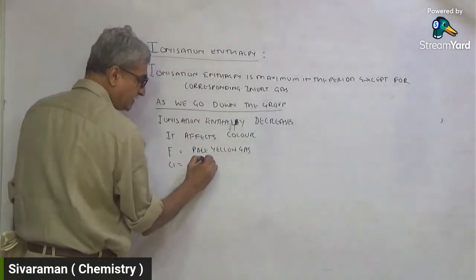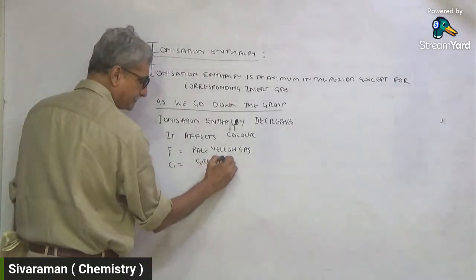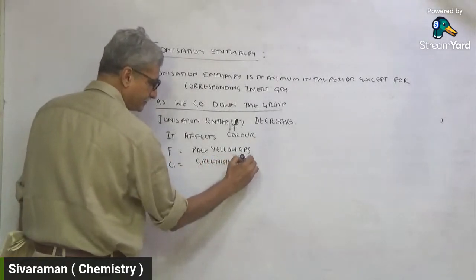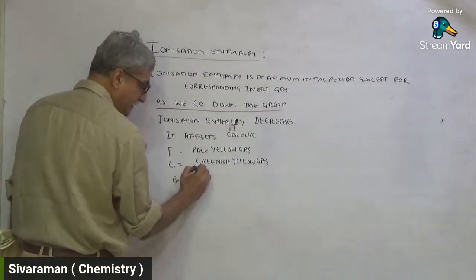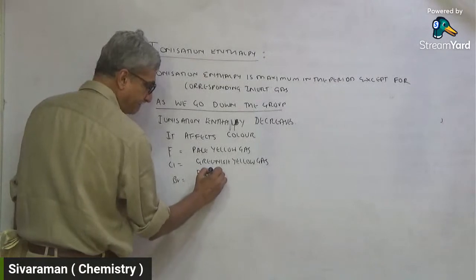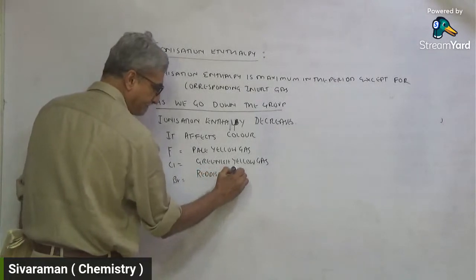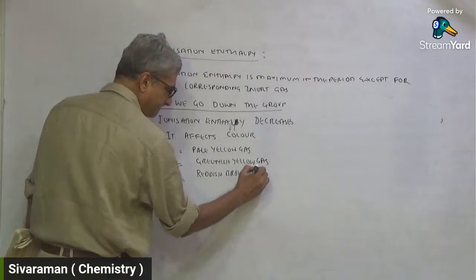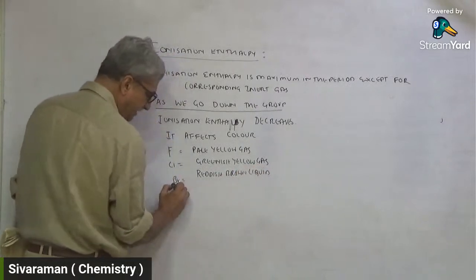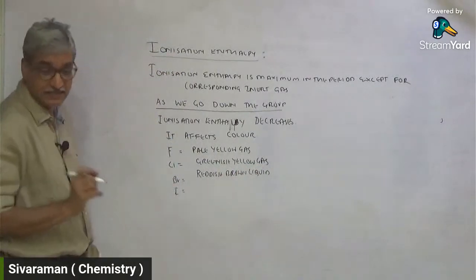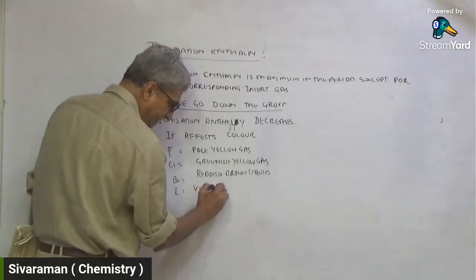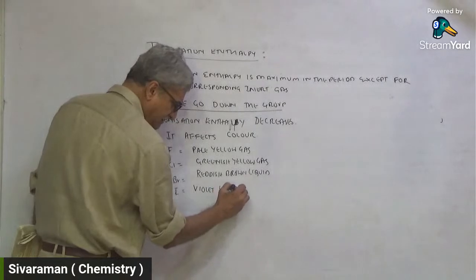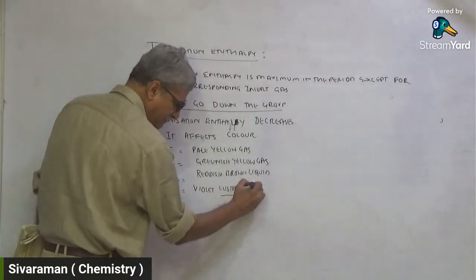Chlorine is a greenish yellow gas. Bromine is a reddish brown liquid. Iodine is, surprisingly, I'll tell you, a violet, lustrous solid.